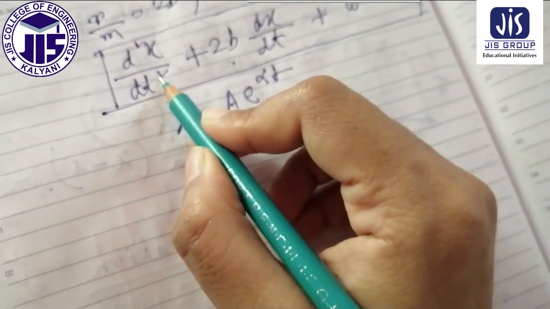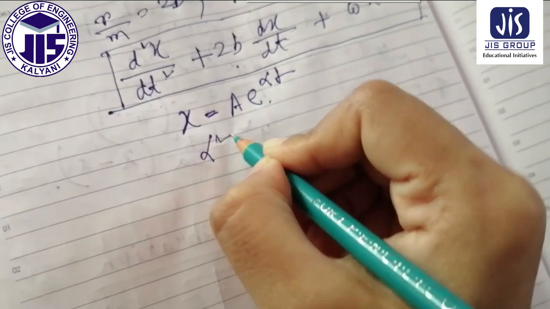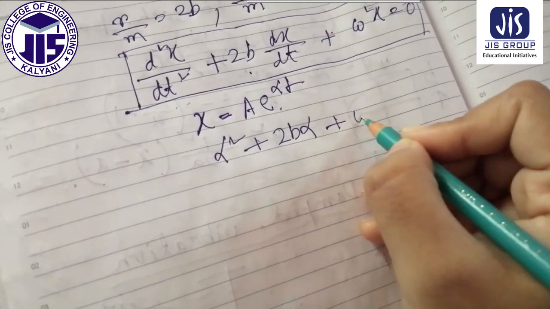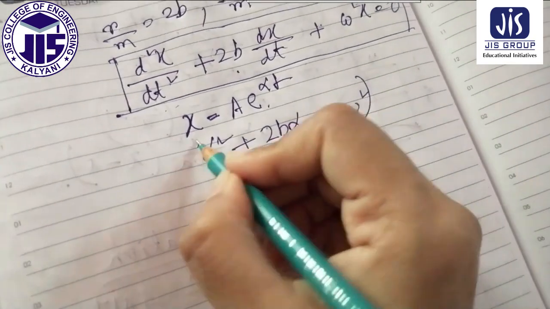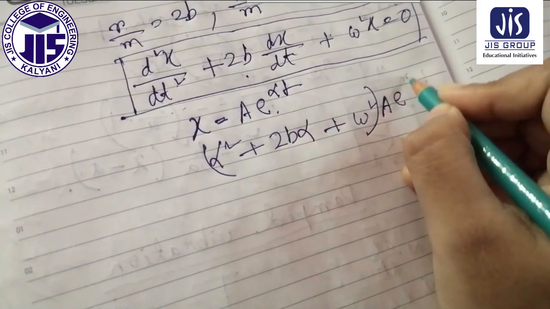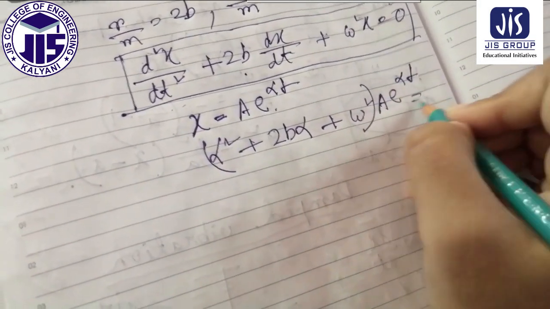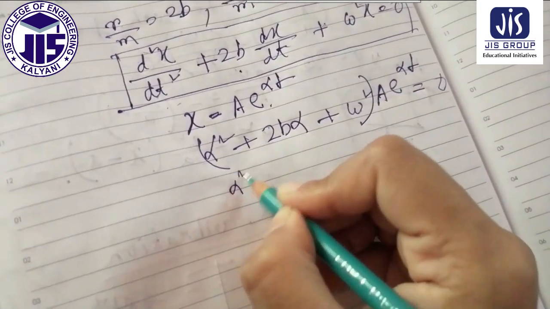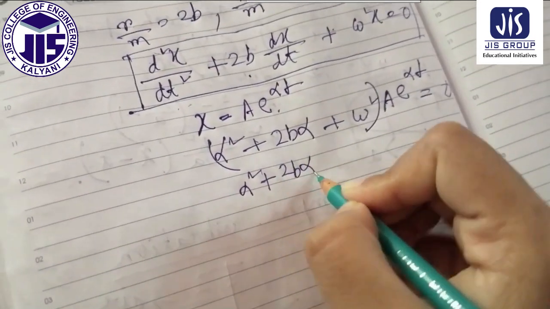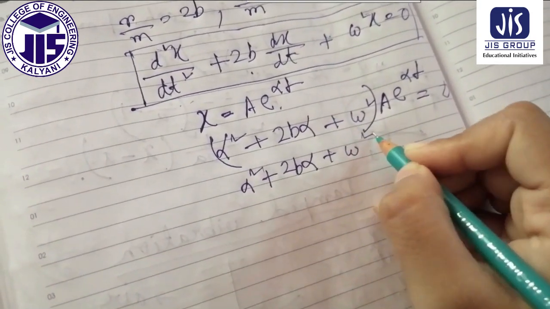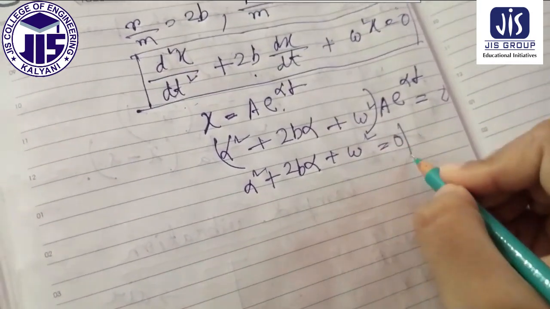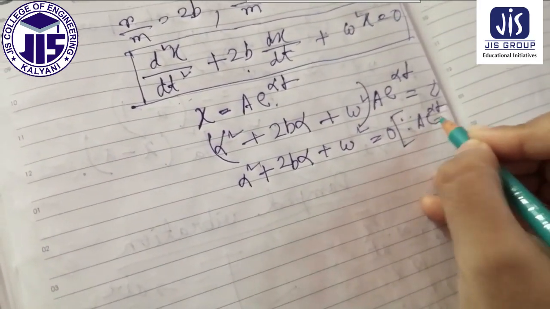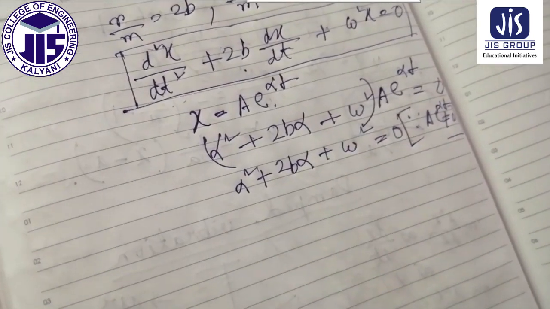If we put it over here, then we get alpha square plus 2b alpha plus omega square into a e to the power alpha t is equal to 0. Therefore, alpha square plus 2b alpha plus omega square is equal to 0, since a e to the power alpha t is not equal to 0.